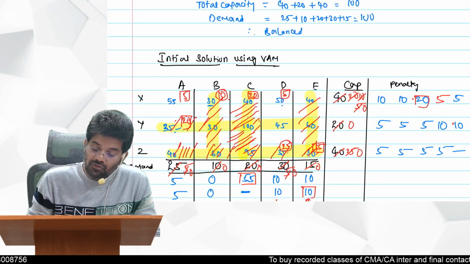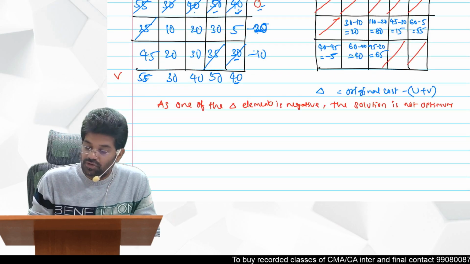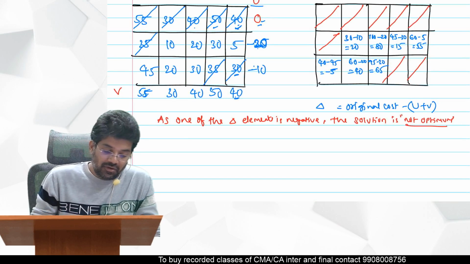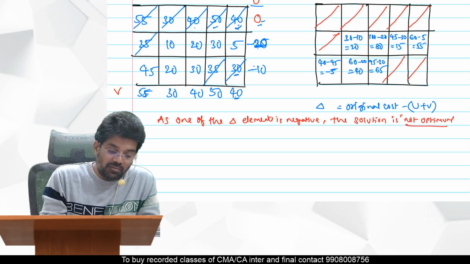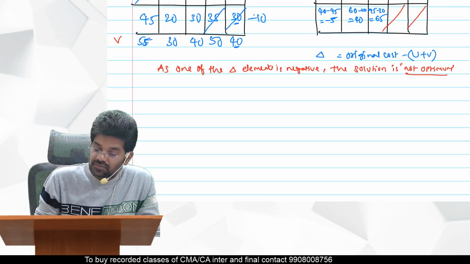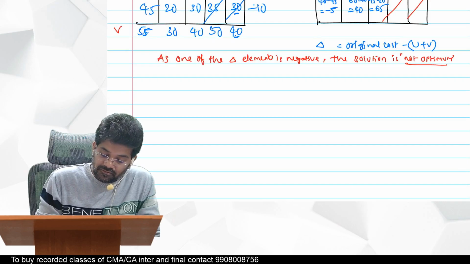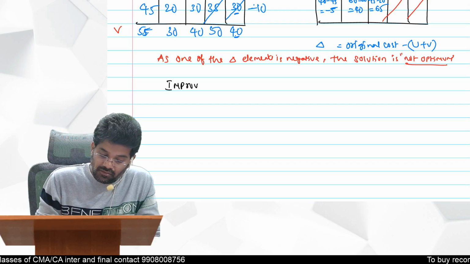So now what we should do? This is the point you should learn. Not optimum. Okay, this is very important. Now improvement we have to do. See how to do improvement. Improvement number 1. Very important this one.